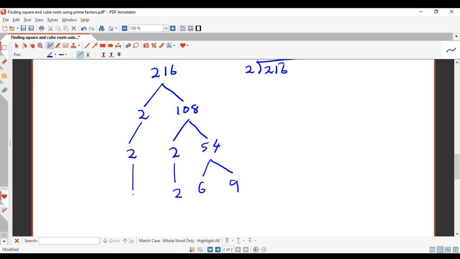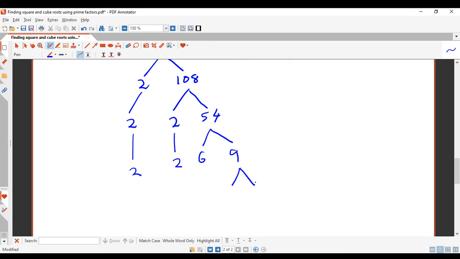Bring down the 2 again. And 9 is 3 times 3. And 6 is also 3 times 2. Bring down the 2. Bring down the 2.